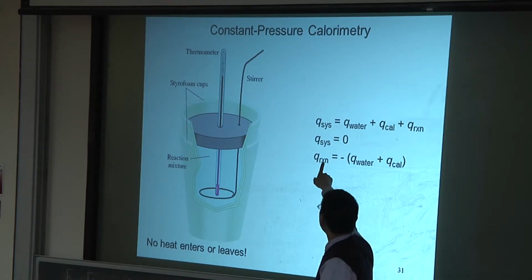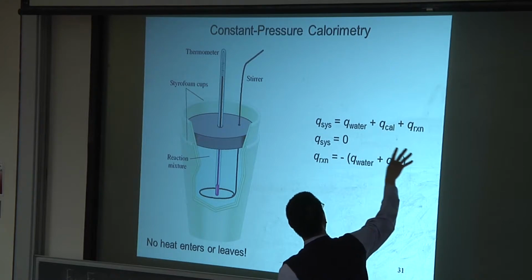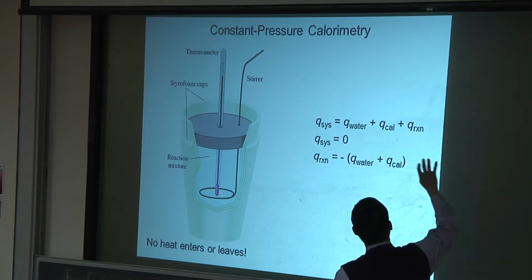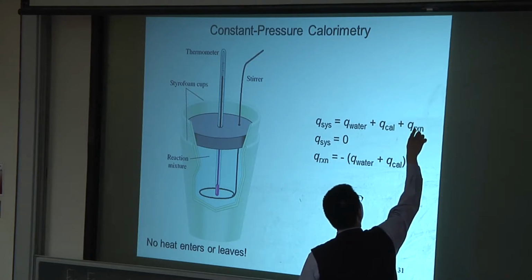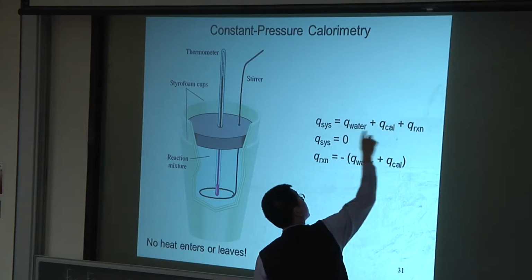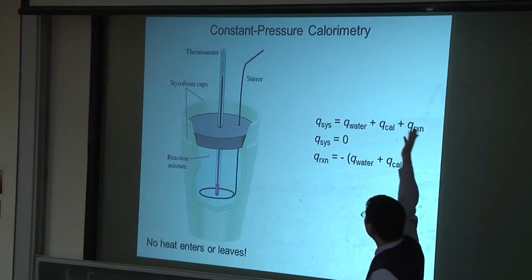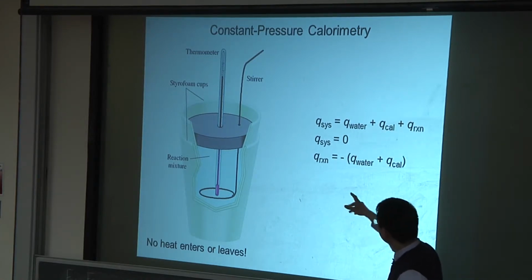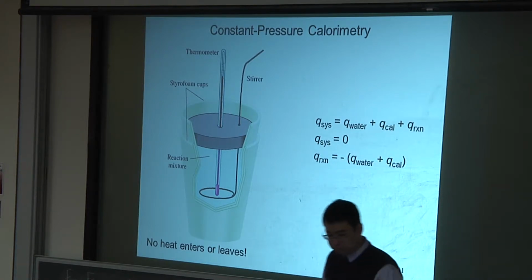We get the Q of the reaction. This whole thing equals 0. So in order for it to add up to 0, this has to be the same as the negative of this. Right? Like positive 5 plus negative 5 equals 0. So Q of the reaction equals a negative of the Q of the water plus the Q of the calorimeter.